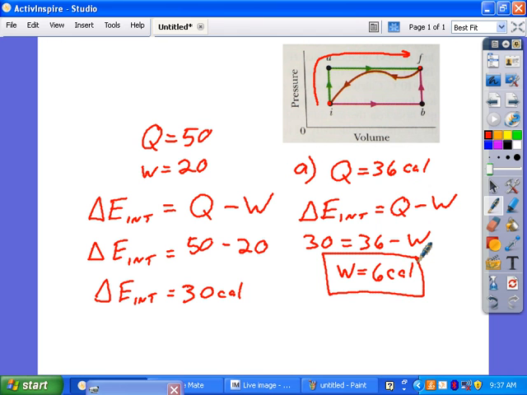Okay, so from F to I, from here to here, along this path, I'll do it in blue, the work done here is negative 13 calories. Okay. What is Q for this path?